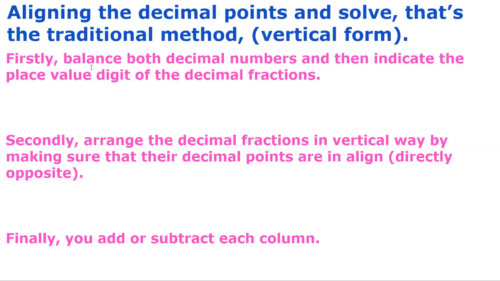Remember we said in order to get the same decimal numbers, you need to balance them. You count, and the one having more decimal numbers is the one you are going to use. The one having fewer decimal numbers, you put zeros at the back of the decimal numbers so that it will equal the other one.